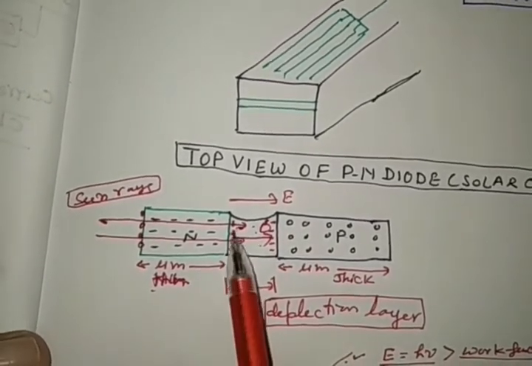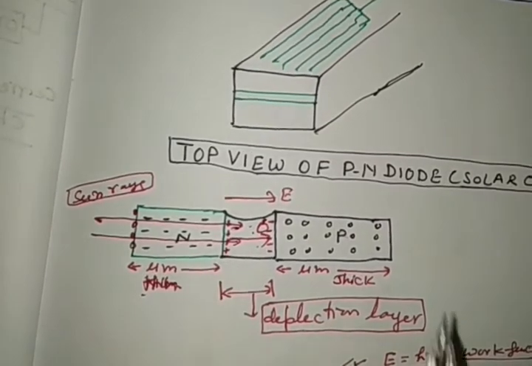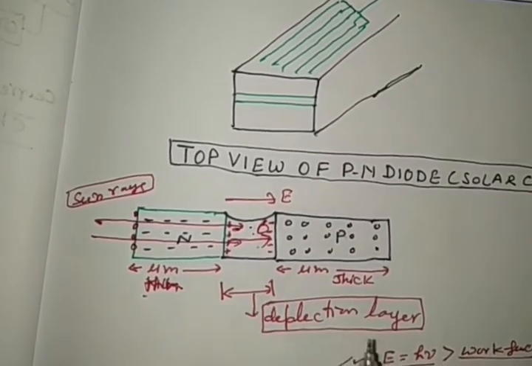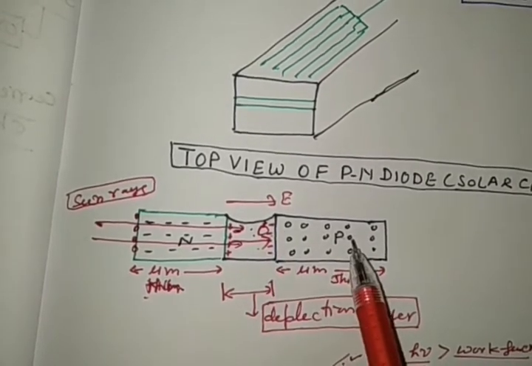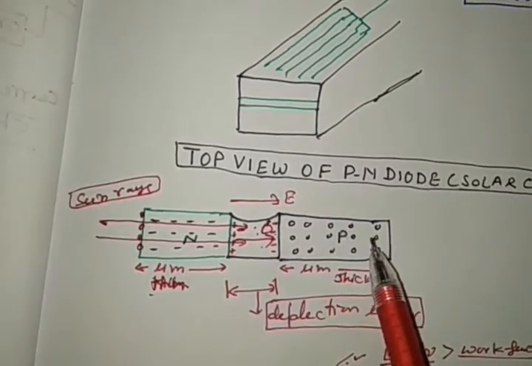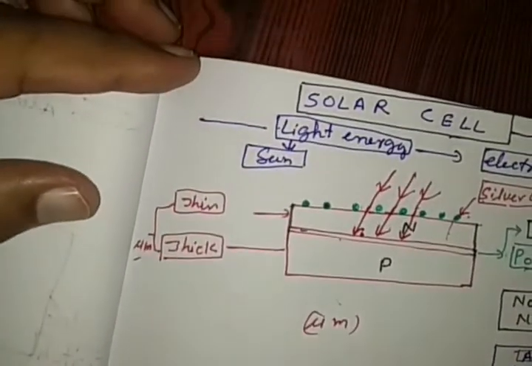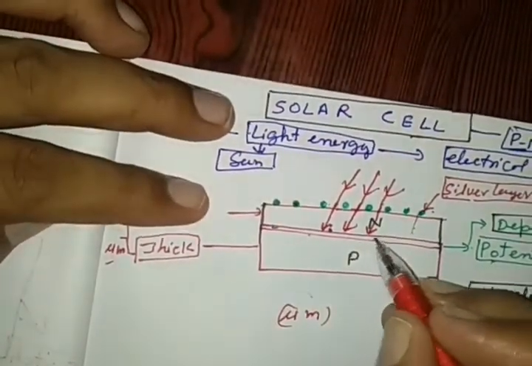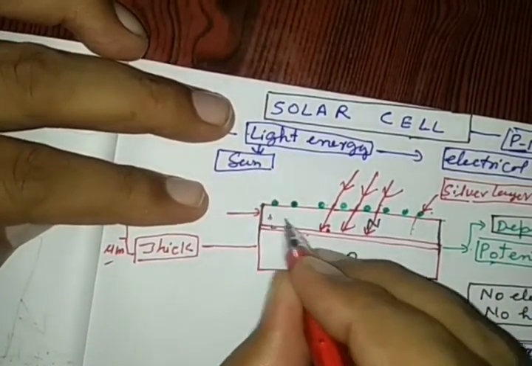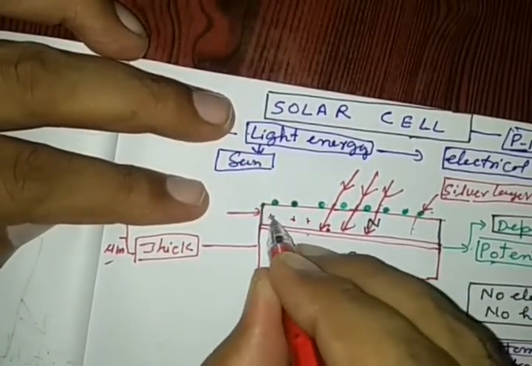So here in the n region, there is accumulation of negative charges, and here in the P region, there is accumulation of positive holes, positive charges. See carefully here in the diagram. When light reaches here, there is a dissociation and the charges are accumulated, negative charges.